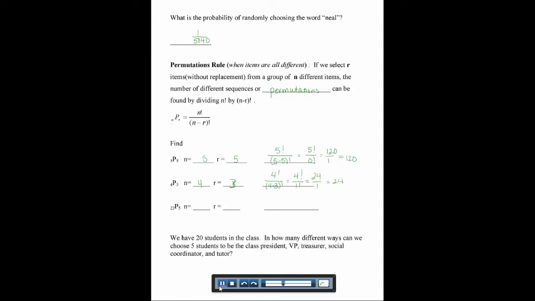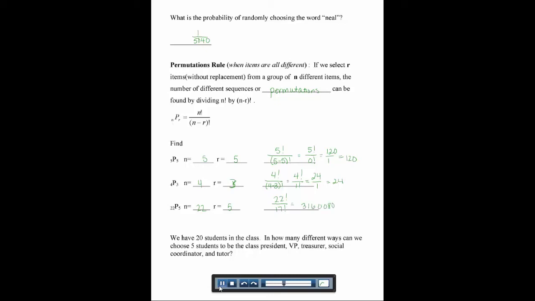And then if we want to do 22P5, our N would be 22, our R would be 5, so we'd have 22 factorial over 17 factorial. And if you do this in your calculator, it gives you 3,160,080 different arrangements.